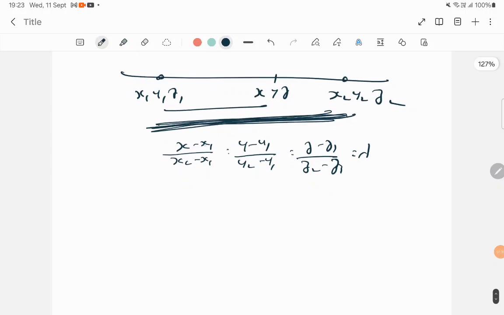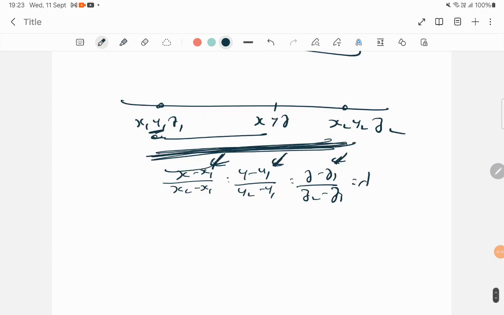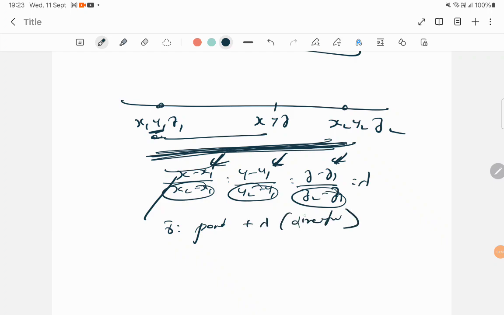Here x1, y1, z1 is the a vector, the point. The point always refers to this, and the denominator refers to the direction of the line. So again r vector is equal to point vector plus lambda times direction vector. The direction vector is the denominator, and the point vector is x1, y1 and z1.